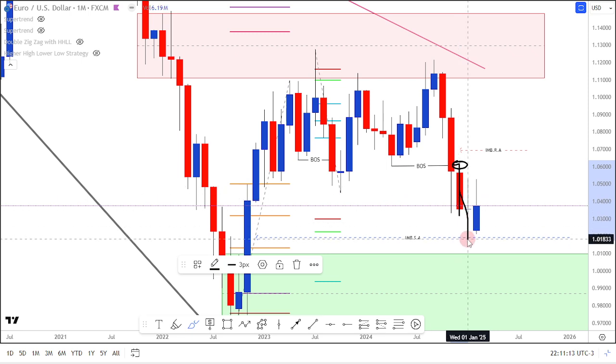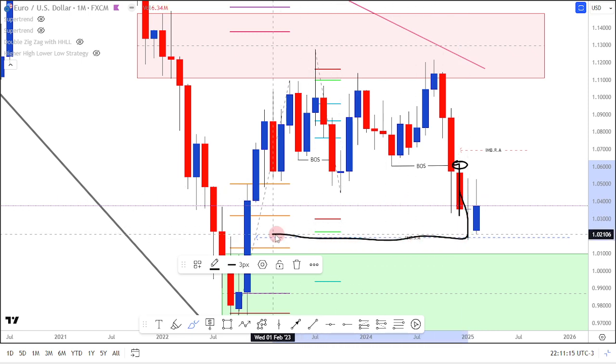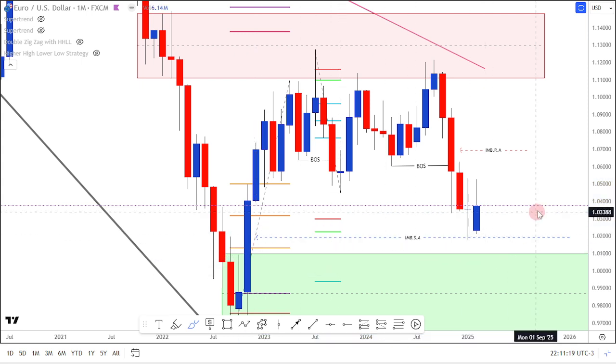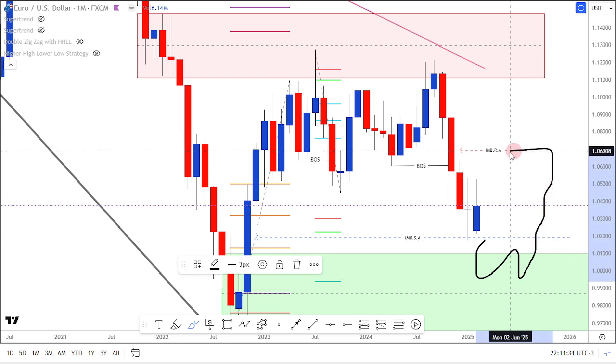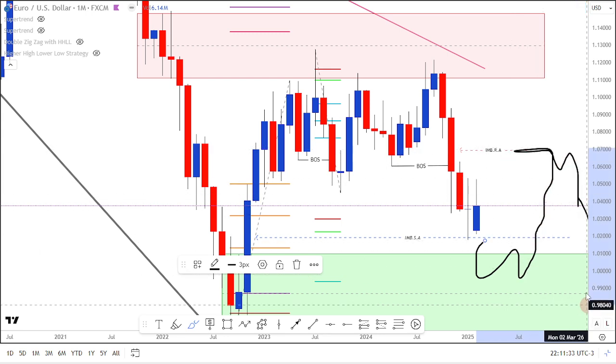So at this level, after testing this imbalance support area, I'm expecting the market to come in to fill in the, what do I call it, I forgot, demand zone. Before it goes up to test here, then we want to see a fall in the nearest future.